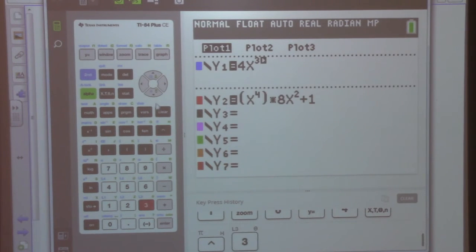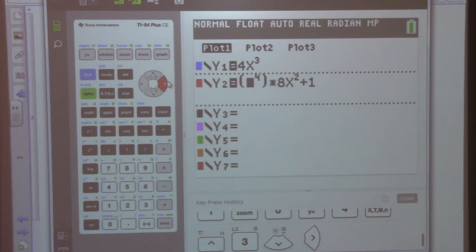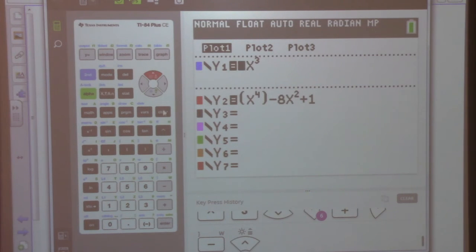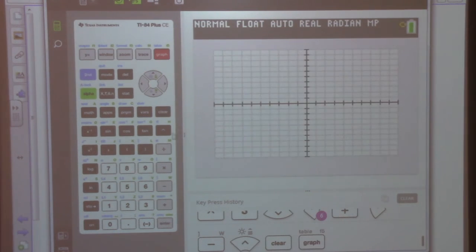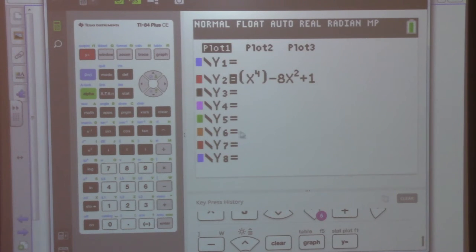Did you put times 8x squared instead of minus? Oh, did I? Okay, well then I got that wrong. It should be minus, okay. Then that's really fundamentally wrong. So let me go ahead and get rid of this one here. Thanks for correcting that.